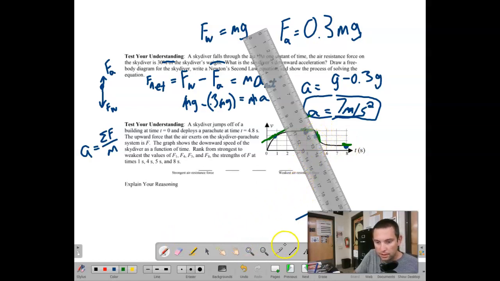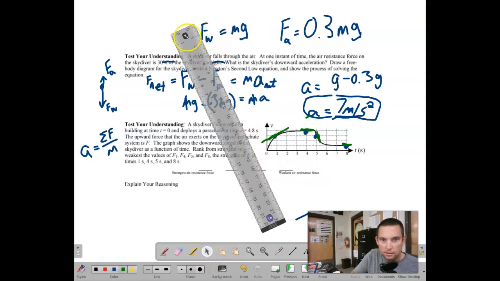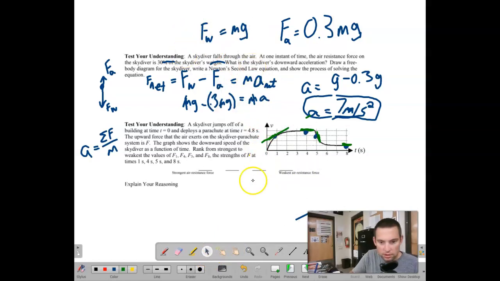All right, now looking at it, we should be able to rank this from strongest to weakest force. So we're going to do that by looking at our acceleration. Slope of velocity versus time graph is acceleration. So we have the slope for this one. Okay. Flat, 0, 0. So we know 4 and 8 are equal to each other. Which one's bigger, 5 or 1?